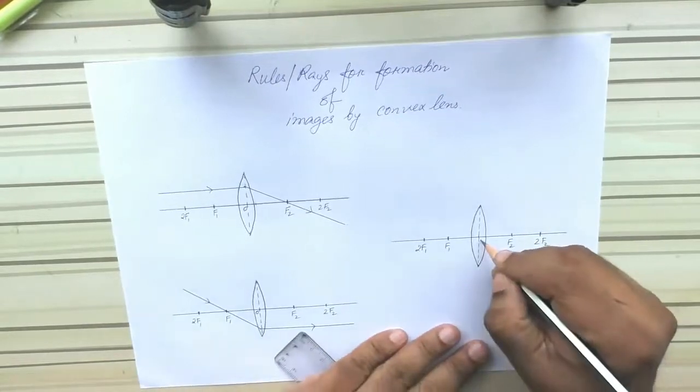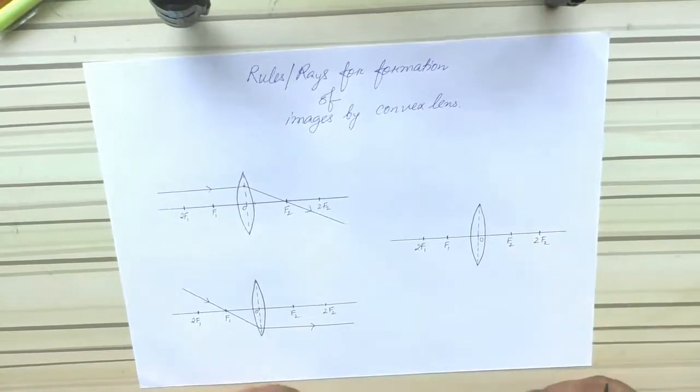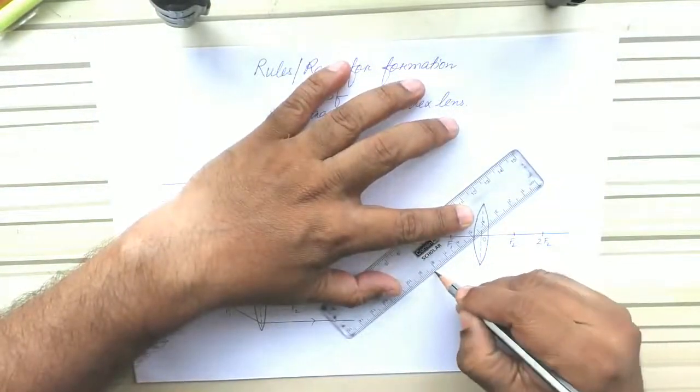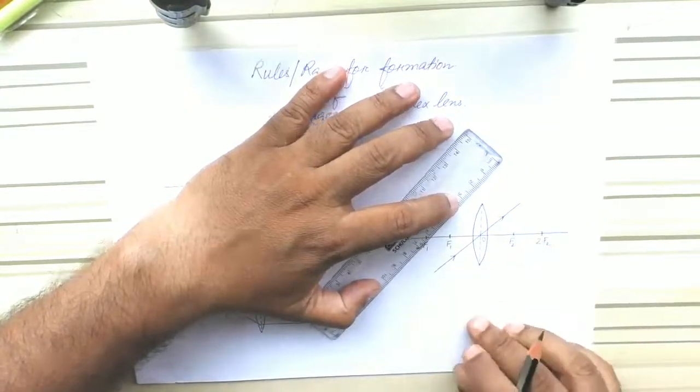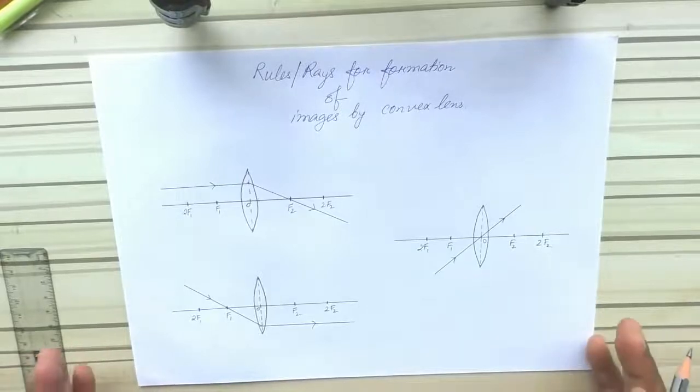And the third rule is simple one. If I ask you, what happens to a ray of light which passes through the optical center of a lens? If a ray of light passes through optical center of a lens, it passes undeviated or without changing direction. So these are the three important rules.